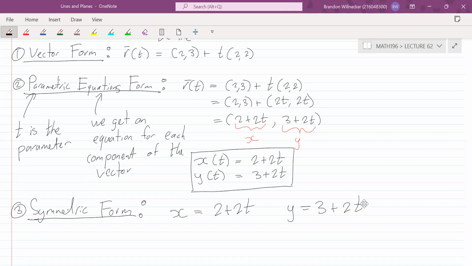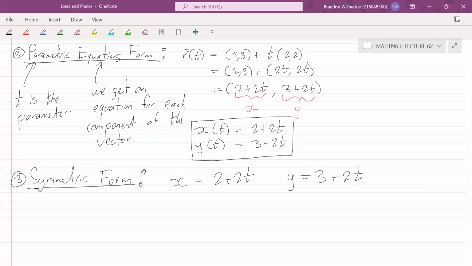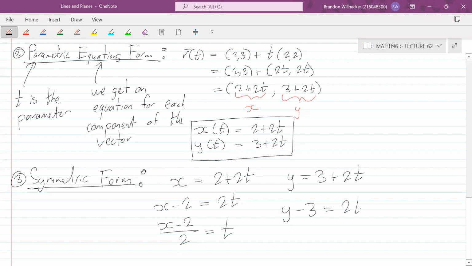You see both of them depend on t. So what I'm going to do now is solve all of them for t. For x, we have x minus 2 is equal to 2t, so (x minus 2) over 2 is equal to t. For y, y minus 3 is equal to 2t, so (y minus 3) over 2 is equal to t.